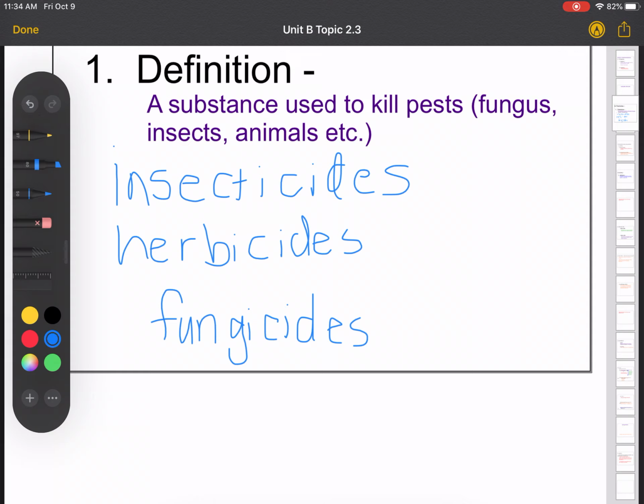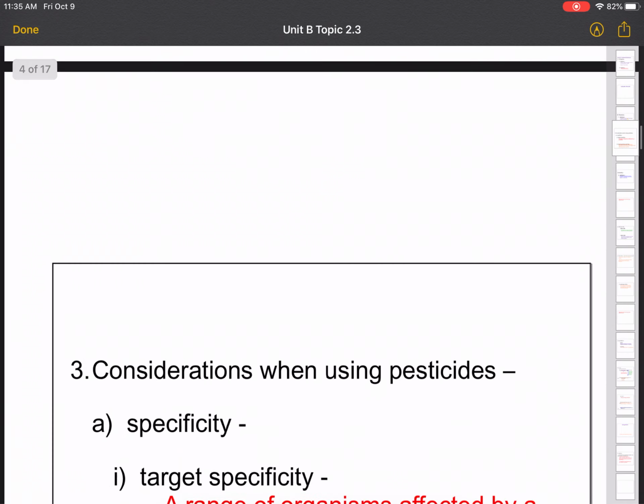When you see that root word or the end of the word that says sides, side means to kill. So insecticides kill insects, herbicides kill herbs, and fungicides kill fungus. Okay, so that word means kill. There's a little chart in your notes on that. So we'll continue on.